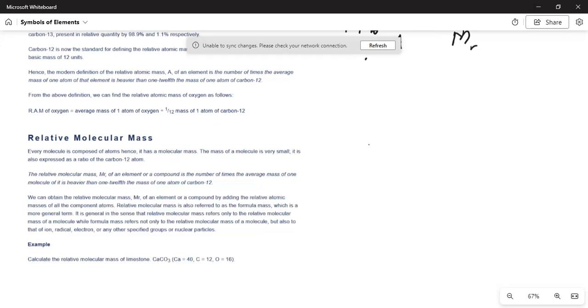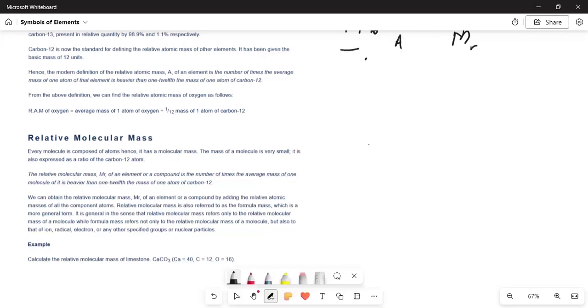Rather, we talk about formula mass of that radical. That's the point I'm trying to make. So, like I said, for the relative molecular mass of a compound, we can obtain the value by adding all relative atomic masses.